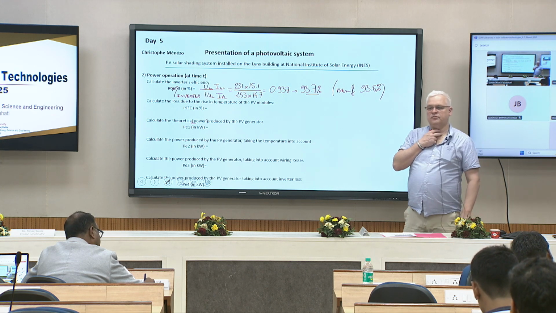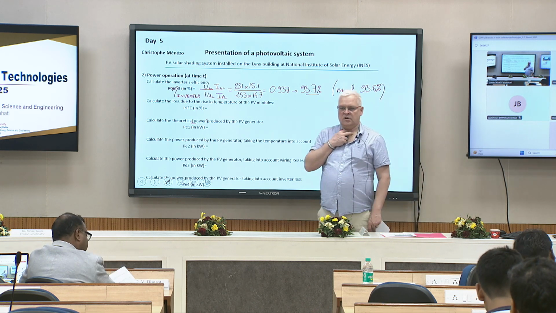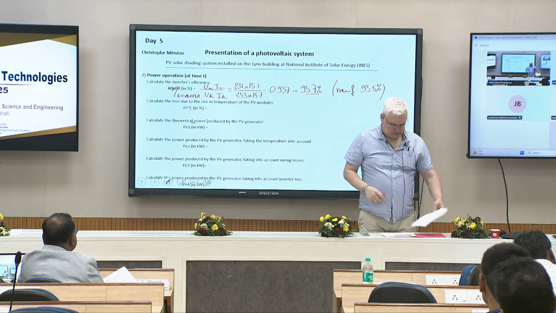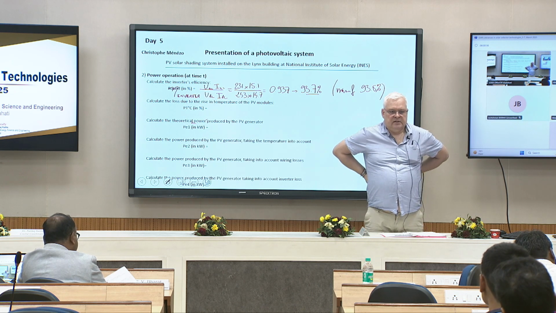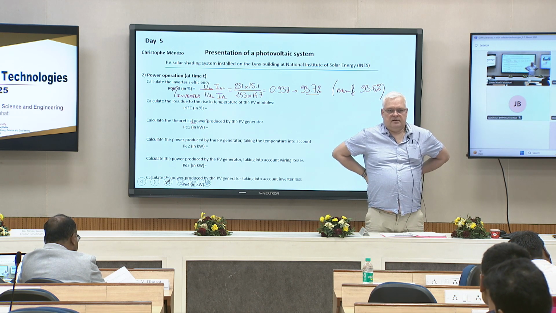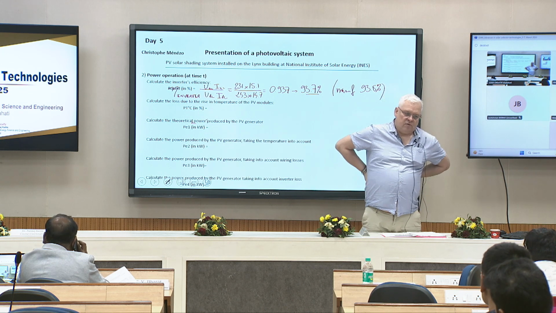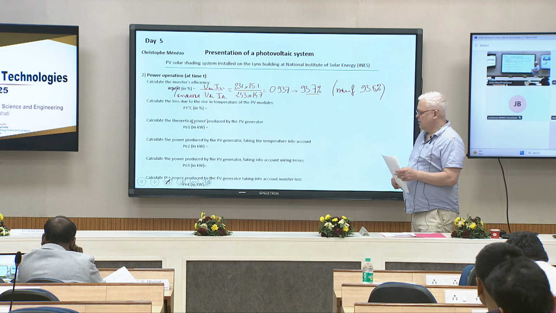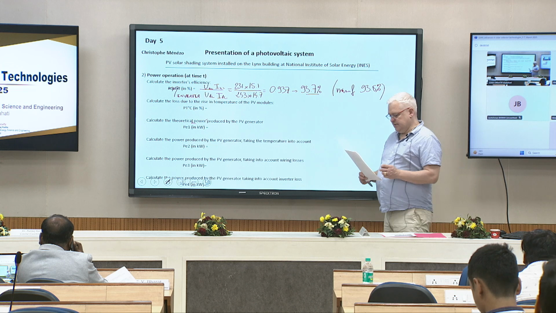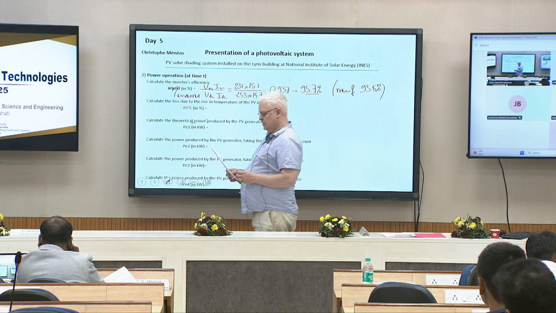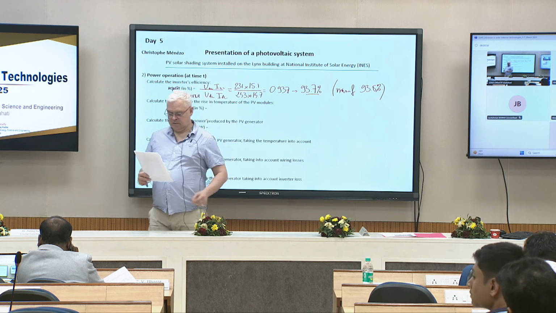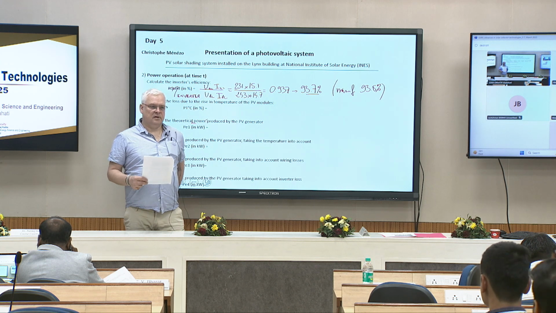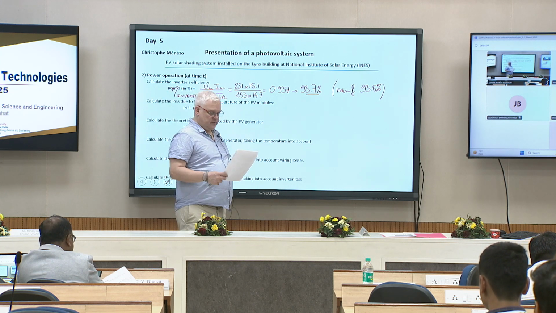But if you have not the cell temperature, you can use the NOCT correlation, which will give you an estimation of the cell temperature regarding the ambient temperature. So, can you give me the loss in percent due to the elevation of temperature?